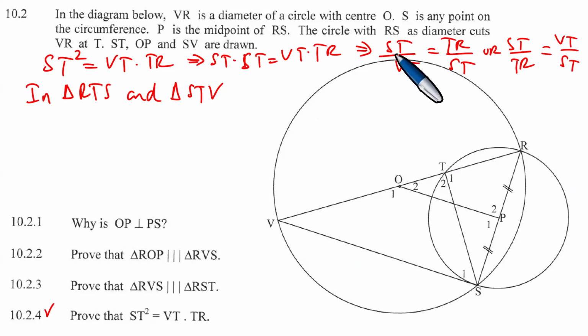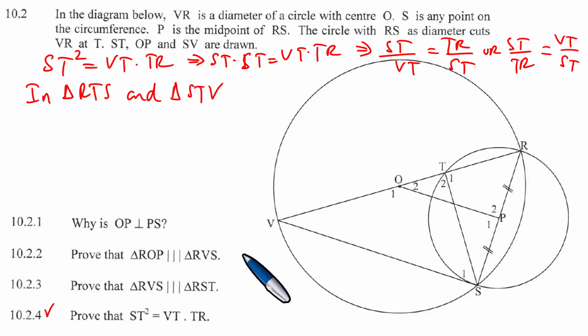So this says ST over VT, and this is TR over ST. And obviously it centers around the triangle STR, or RTS, but also this triangle here, STV.